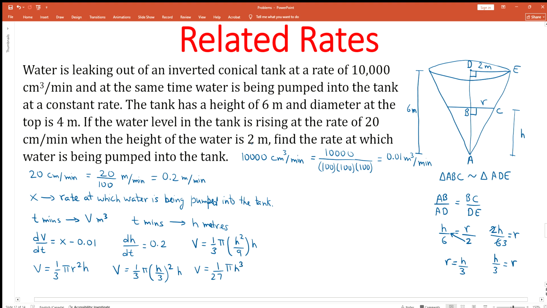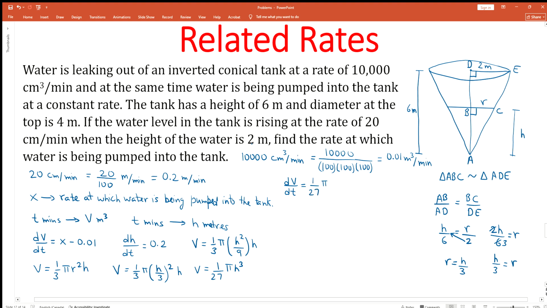Now we can find the derivative of this volume equation with respect to t. On the left side I get dV over dt. On the right side 1 over 27 pi is the coefficient of the term. It is a constant. As per the constant multiple rule, it will stay the same.